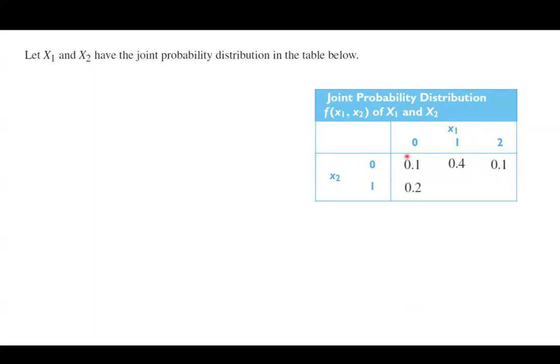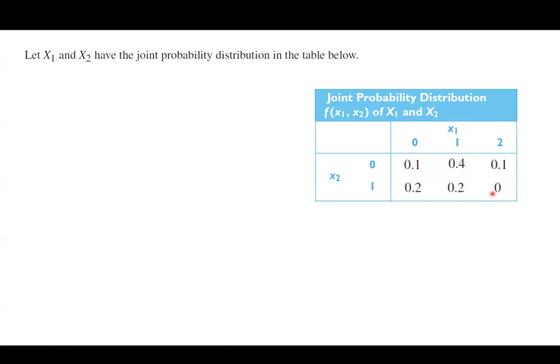And the probability that X1 is 0 and X2 is 1 is 20%. The probability that X1 is 1 and X2 is 1 is 20%. And finally, the probability that X1 is 2 and X2 is 1 is 0.